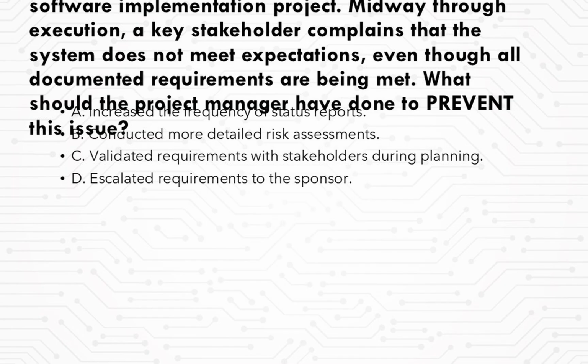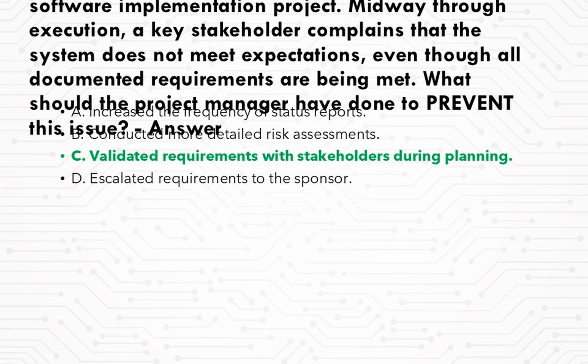B. Conducted more detailed risk assessments. C. Validated requirements with stakeholders during planning. D. Escalated requirements to the sponsor. Answer: C. This is a classic expectations versus requirements gap. Validation, not just documentation, prevents misalignment.